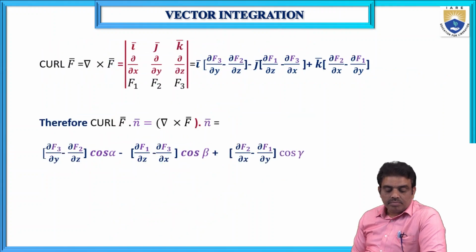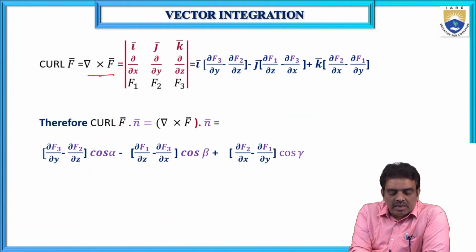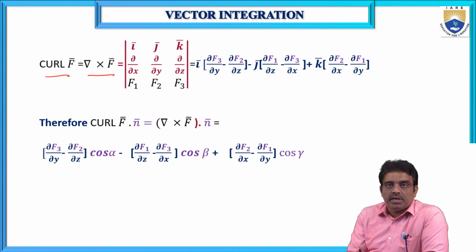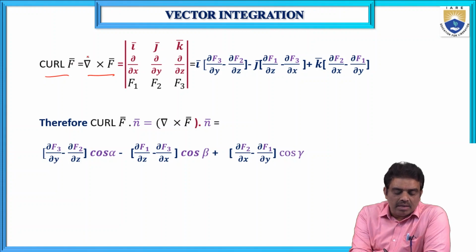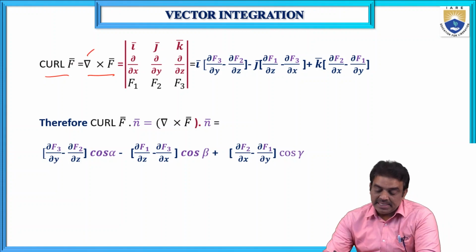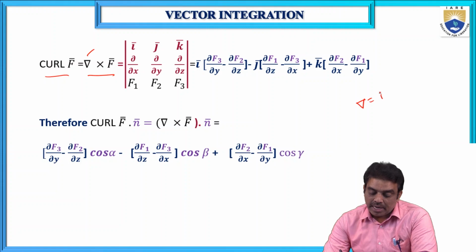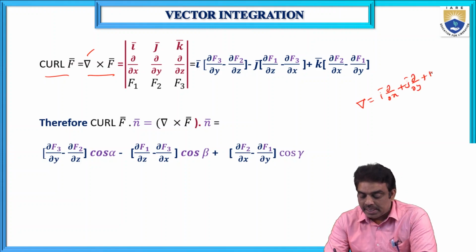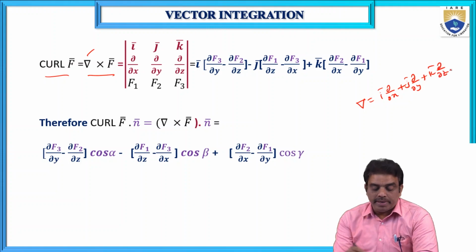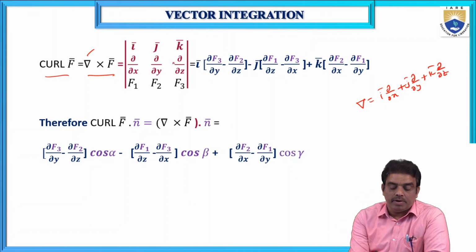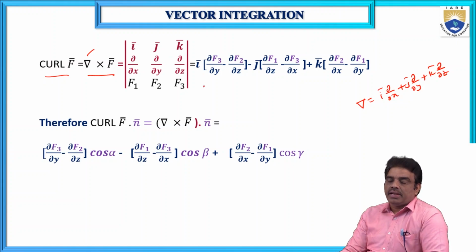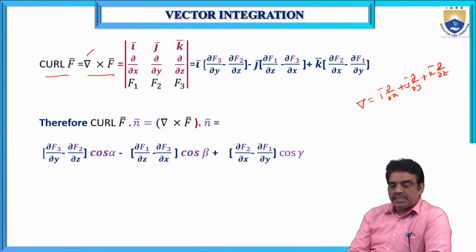Then curl f bar, as I already told you, is del cross f bar, the determinant of i bar, j bar, k bar, dou by dou x, dou by dou y, dou by dou z, and the last row f1, f2, f3, where f1, f2, f3 are functions of x, y, z.